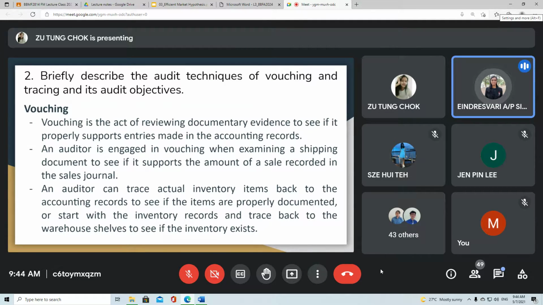An auditor can trace actual inventory back. Why are you using the word trace when your answer is on vouching? So are you writing on vouching or tracing? Vouching. So why am I saying tracing in your answer?